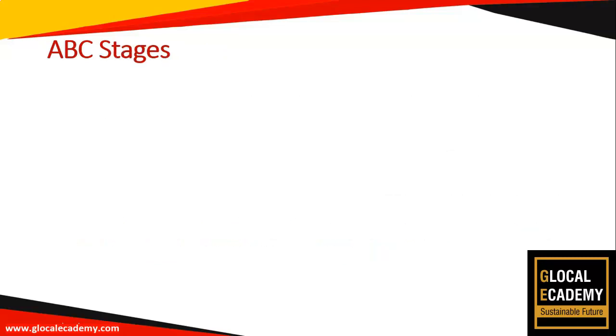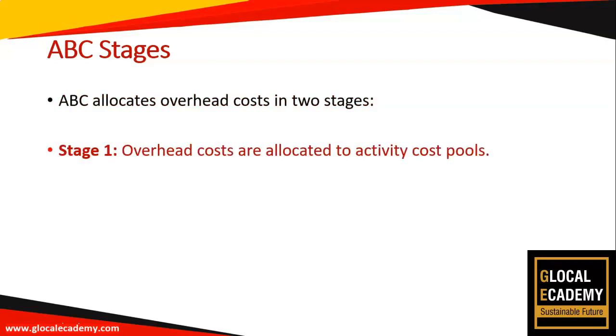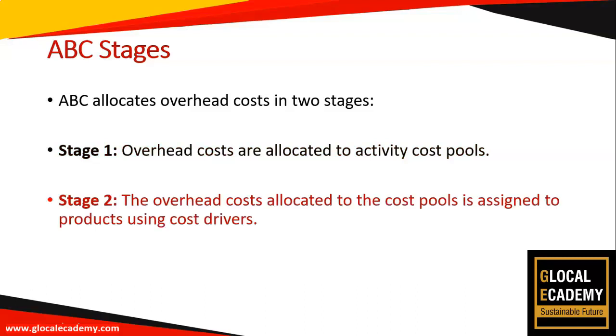So let's now understand the mechanics of ABC. Activity-based costing allocates overhead costs in two stages. Stage 1, where overhead costs are allocated to activity cost pools. And stage 2, where the overhead costs are allocated from the cost pools to products using cost drivers.